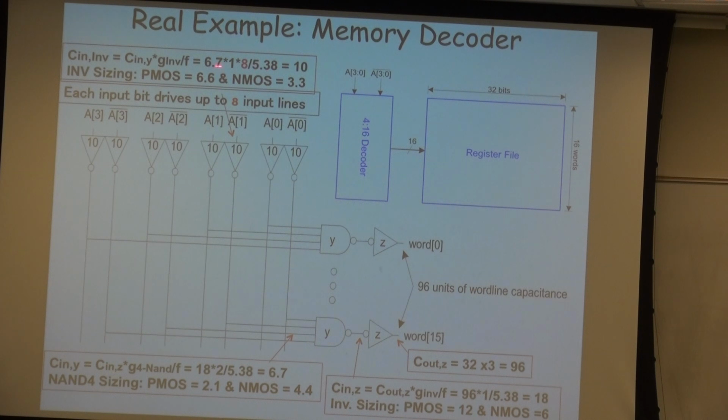So we use the formula: the input capacitance Y is 6.7, then inverter logical effort is 1 multiplied by the branching factor 8 divided by the effort of each stage, 5.38. So we get 10, and that's what we wrote over there. For the inverter, the NMOS transistor will be 3.3 and PMOS transistor will be 6.6.